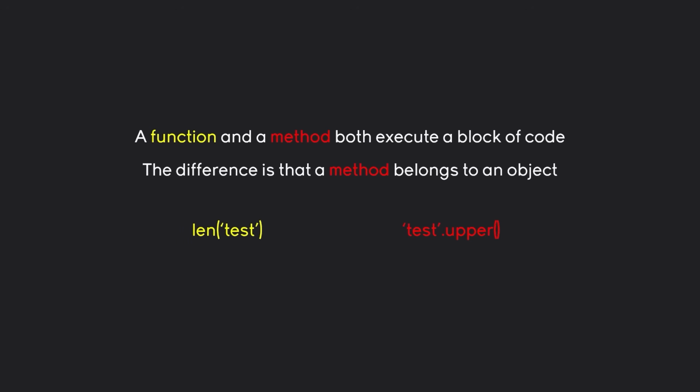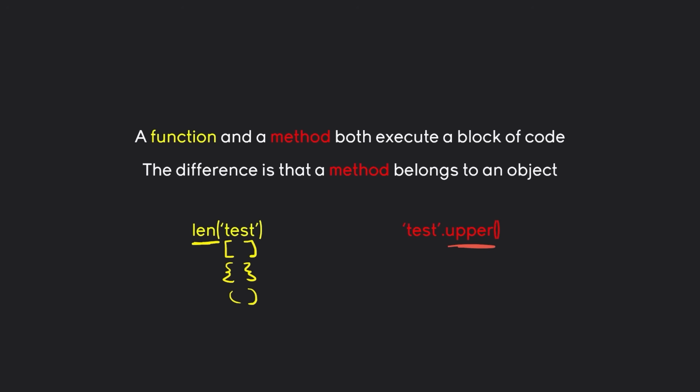And it doesn't matter if we create the method ourselves or the function ourselves or if it's created by Python. The reason why these are different, for example, is that the len function could work for lots of other things as well. For example, you could pass in a list, a dictionary or a tuple. It would still work with different data types.